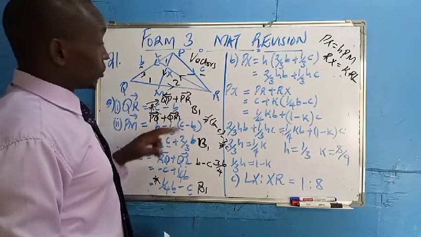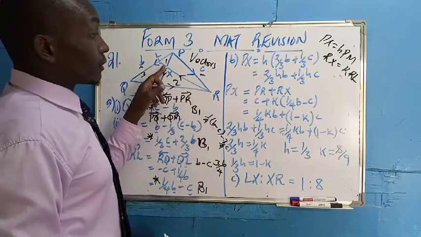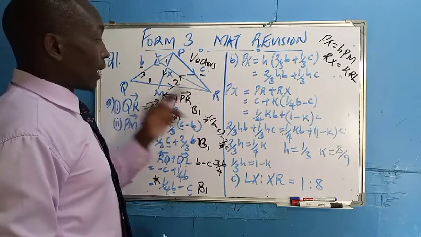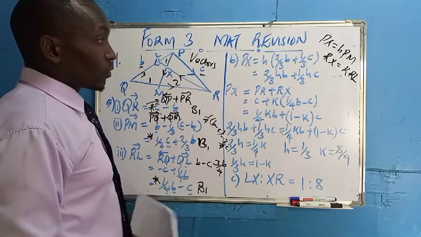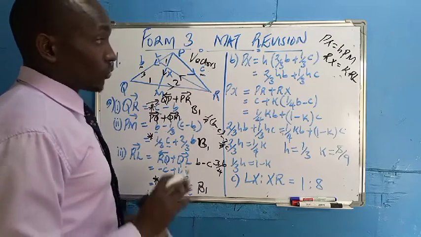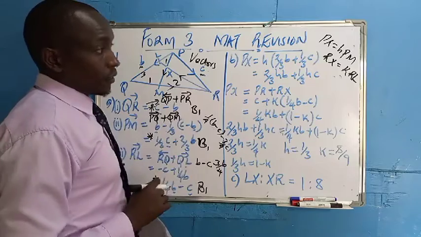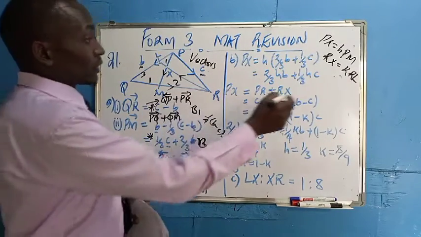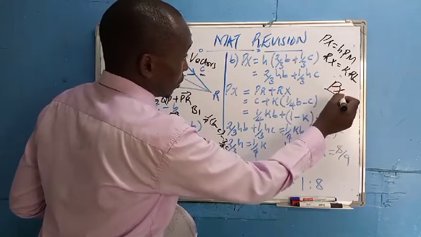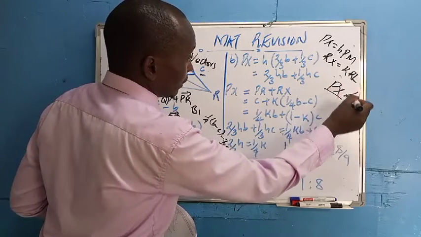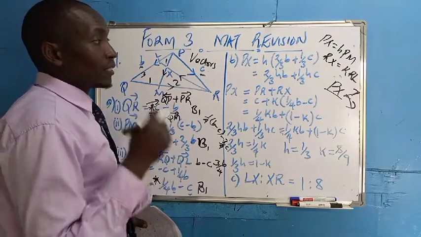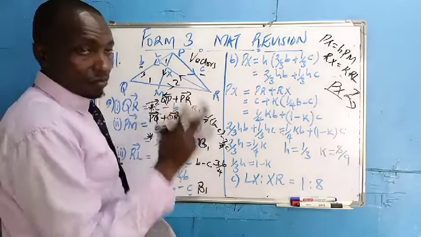Then we have RX is K of RL, another proper fraction. So K and H are scalars, or constants, and they represent fractions. So what exactly do we need to do? We need to represent PX in 2 different ways using the H, B, C, K, all of them.